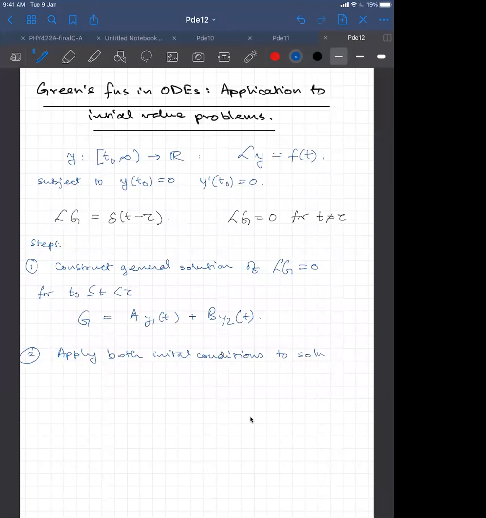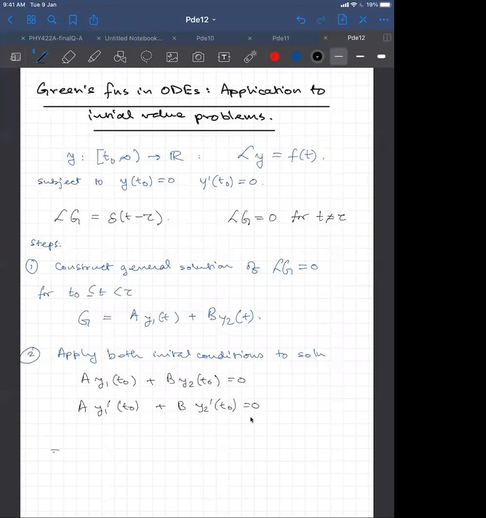What do we get? a y1 of t naught plus b y2 of t naught is equal to 0, and a y1 prime of t naught plus b y2 prime of t naught is equal to 0.